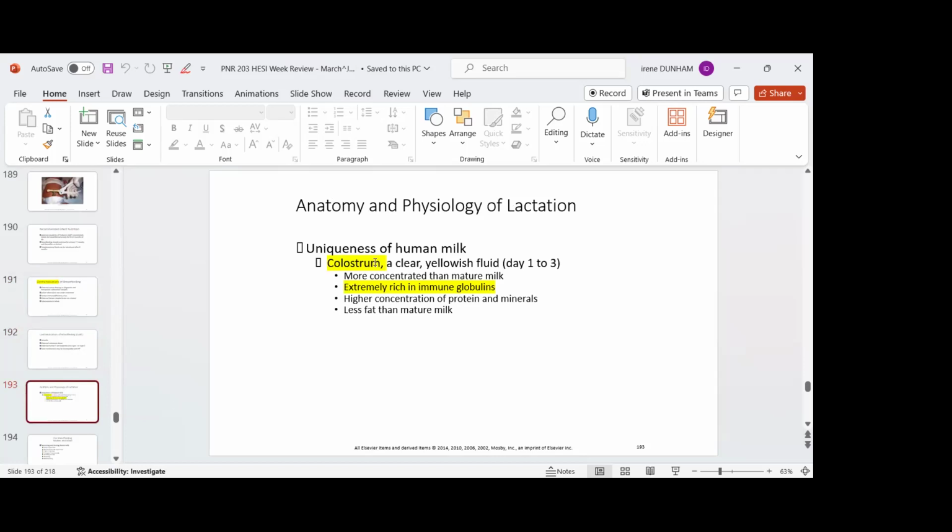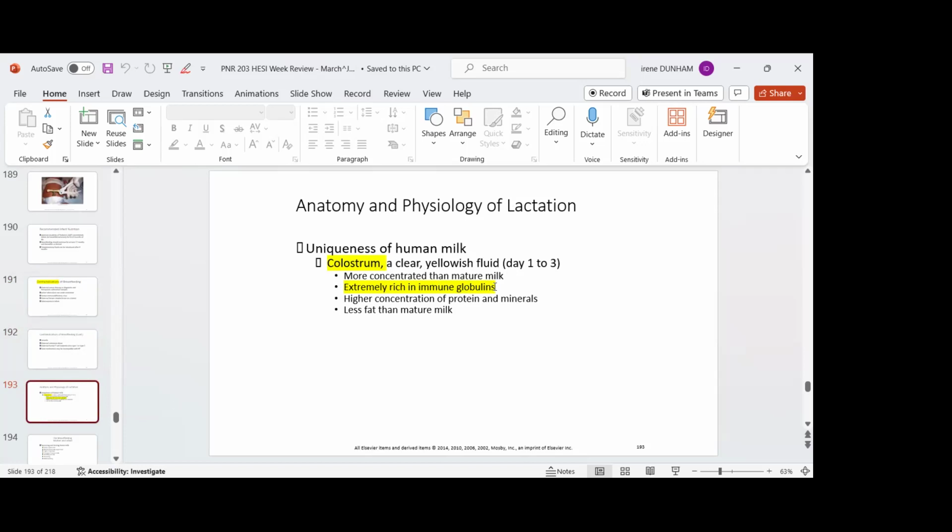Again, breast milk is the best. The colostrum, clear yellow fluid, usually lasts from day 1 to day 3. It's extremely rich in immune globulins. Again, babies only have passive immunities, so they get about 1 month from their mom. That's it.